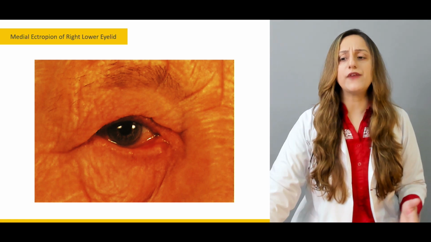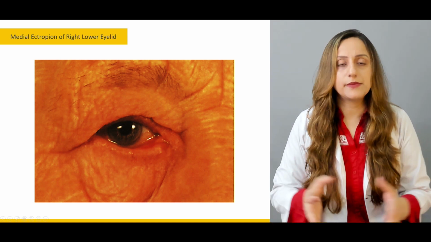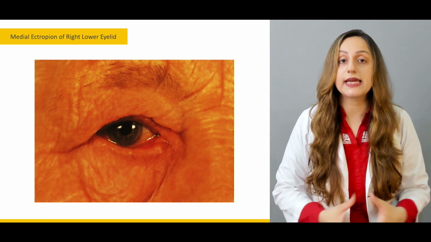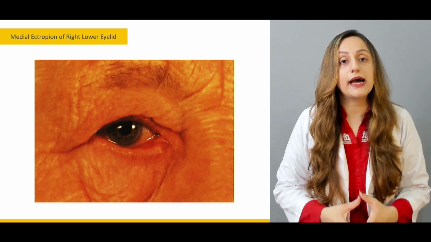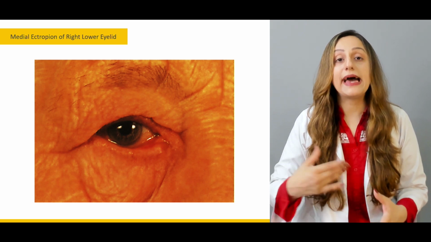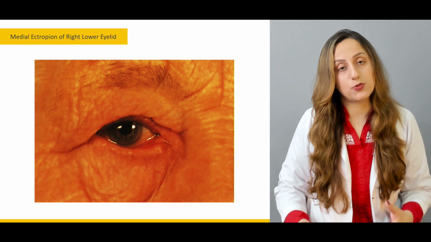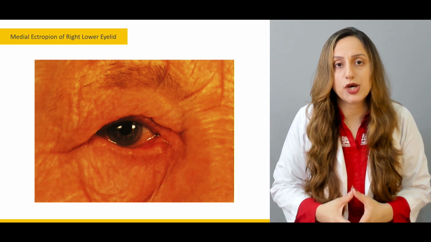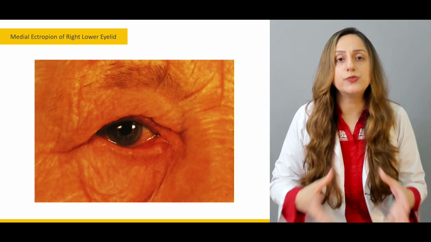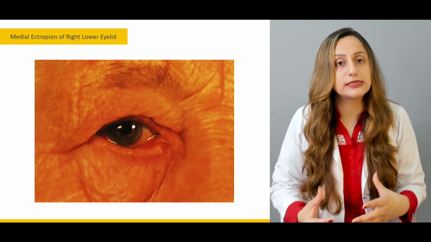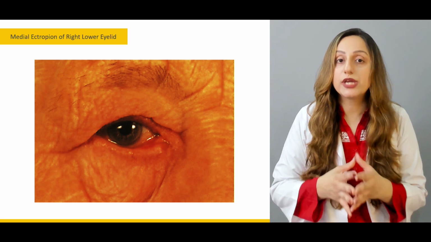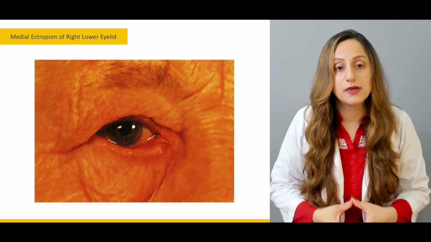Now, there are a lot of factors that can be resulting in this ectropion. It can be the nerves, it can be the muscles. On the other hand, it can be the mechanical kind of ectropion as well. Now, what is a mechanical kind of ectropion that you usually come across? It's usually a tumor or a neoplasm that is resulting in this ectropion condition, and that again would depend upon the location of the neoplasm over here.